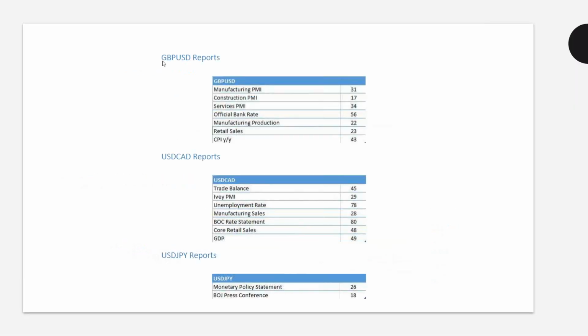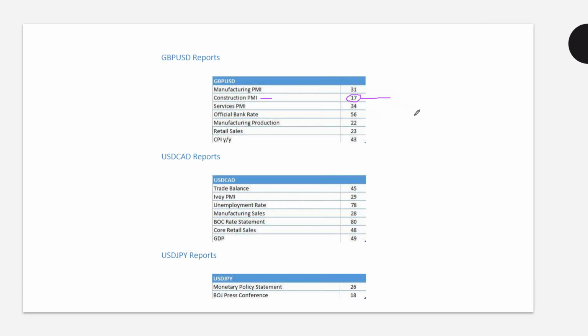Now on the British pound, we have several market reports. The manufacturing PMI is 31 pips. The construction PMI is 17 pips. I put that in there to highlight for you that on the British pound, the construction PMI, at 17 pips, tells me I probably do not want to trade that. Why?